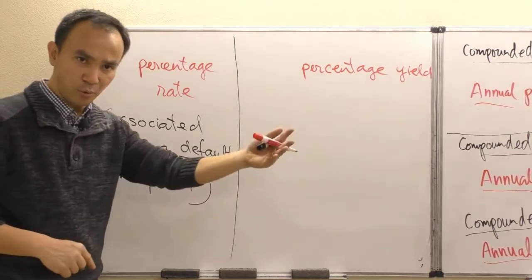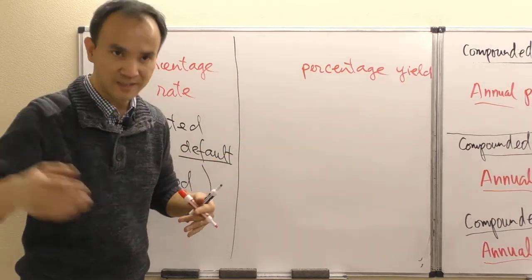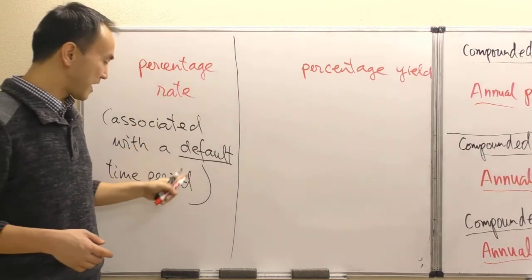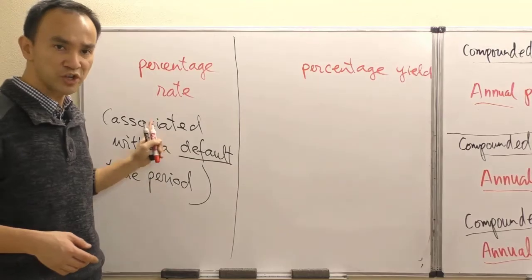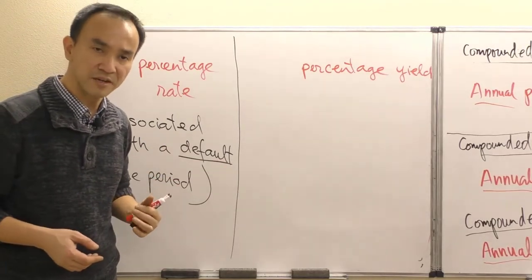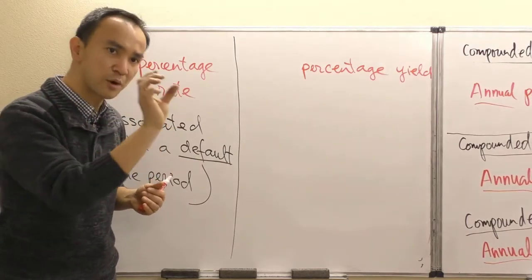Then in example 1, I talked about the bank paying us 3% annually. So there is our percentage rate again, and it came with a default time period of 1 year again. That's the rate that's usually stated right in the description of the problem.